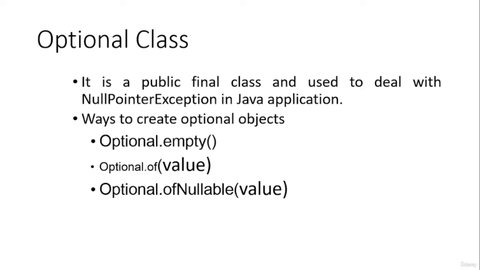And the final one is Optional.ofNullable. If the value can be null, we can initialize it with null or directly, and in that case also it will work. Those are the three ways of creating optional objects in our program.